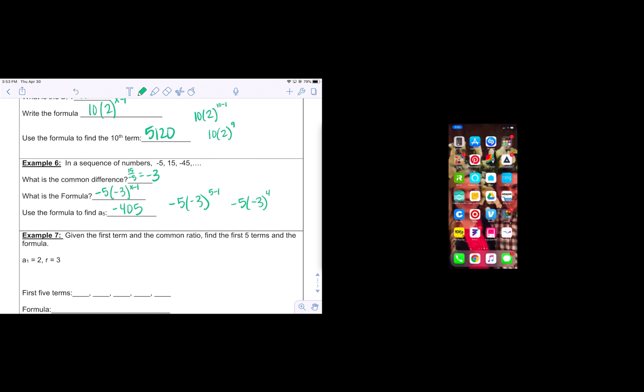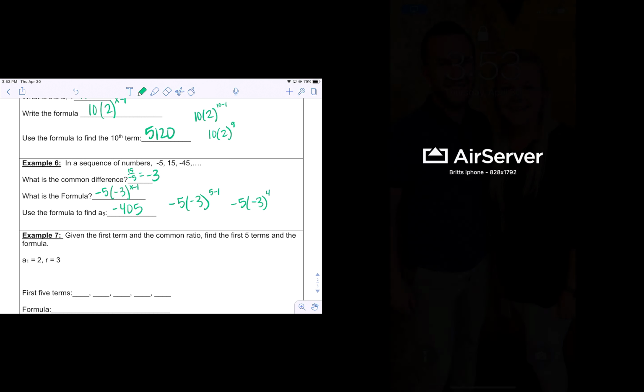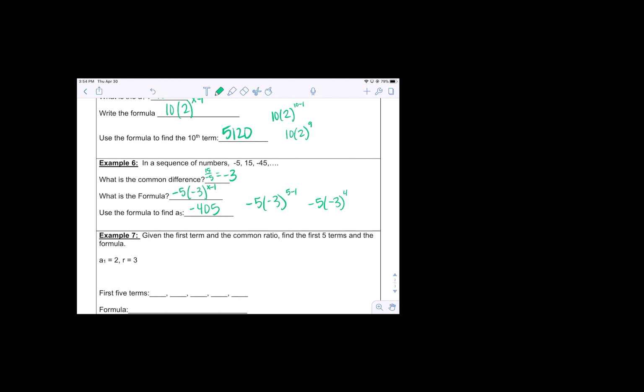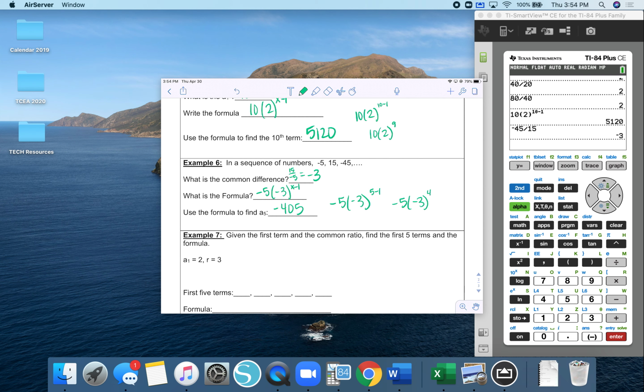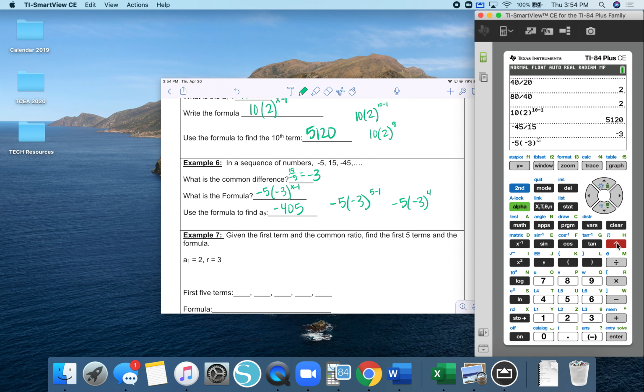Okay, so just make sure you turn your phone sideways and use that little x to the y button if you need an exponent. If you were plugging this into your graphing calculator, fairly straightforward, and you would get negative 405.